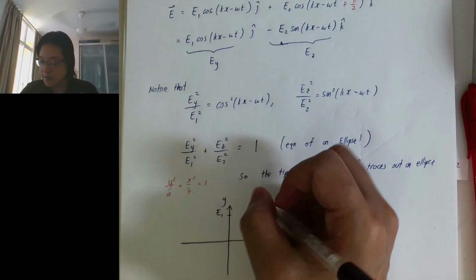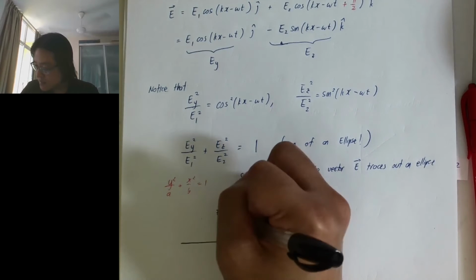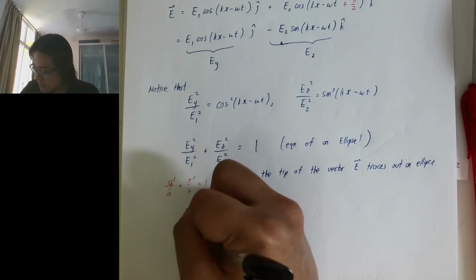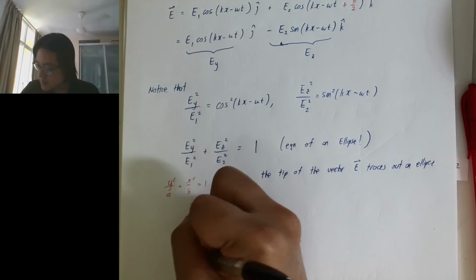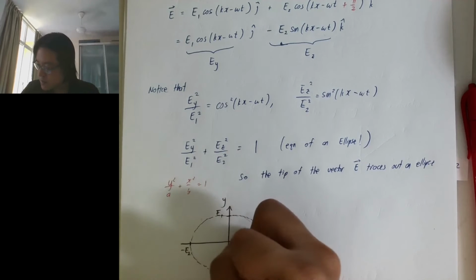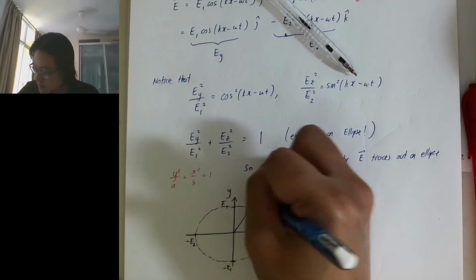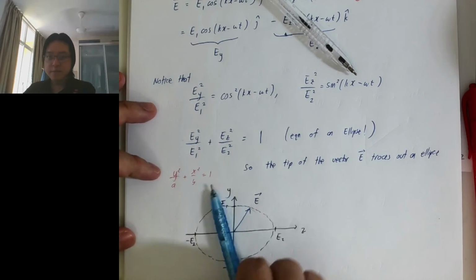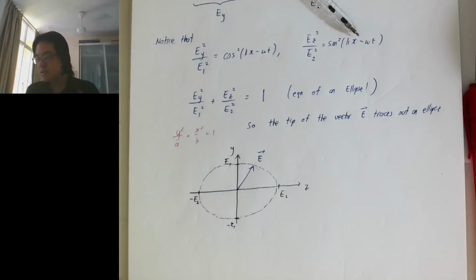And the E2 in general is not the same amplitude, so let me put this like this, and then it is going to be an ellipse. Yeah, something like this, right? So this is minus E2, this is minus E1. So my vector is pointing like this. And as the angle changes, the vector will be pointing along the tip of the ellipse. And this is why we call this the elliptical polarization.